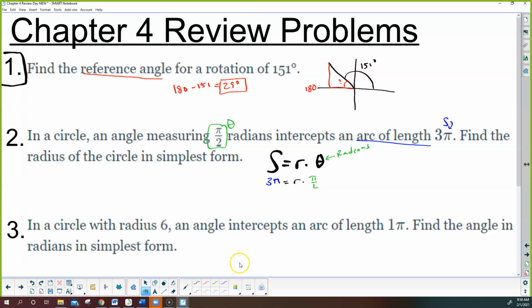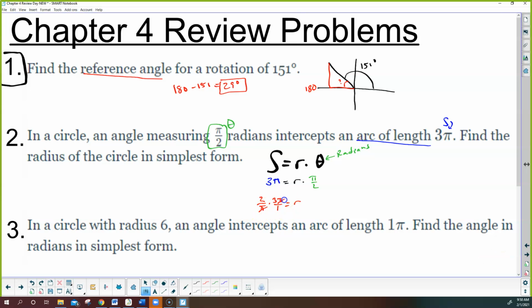So now my job is to just undo this. If I'm multiplying by pi over 2 on one side, I'm going to multiply by the reciprocal, 2 over pi, on the other side. And notice how I'm not going to grab my calculator. I'm going to do 3 pi times 2 over pi, and that will give me r.